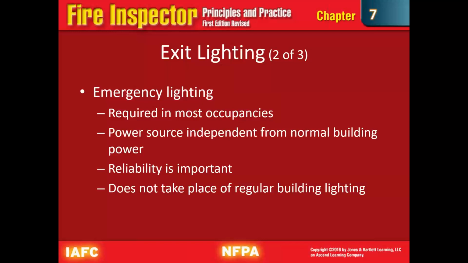They provide battery backup lighting, and there are some pretty hefty batteries in the little box that the lights are connected to. That supports those lights in a no power situation to allow people to exit the building and see where they're going. It does not take the place of regular building lighting.